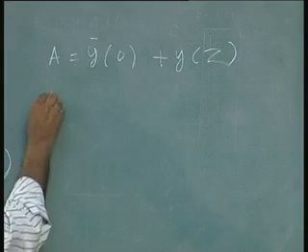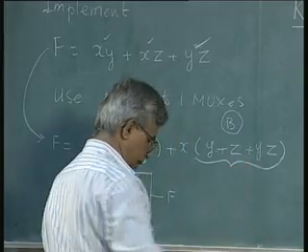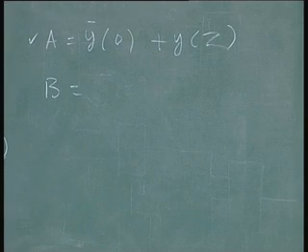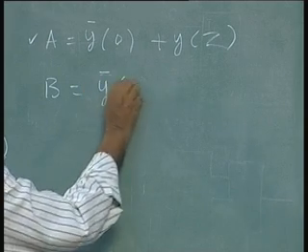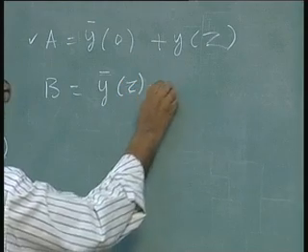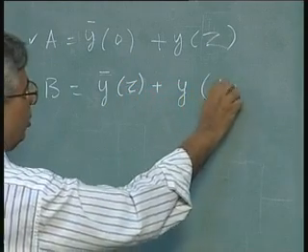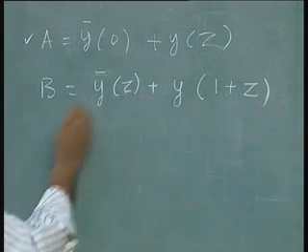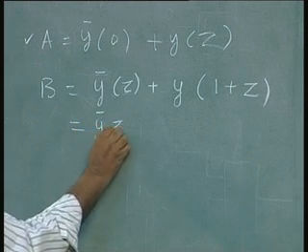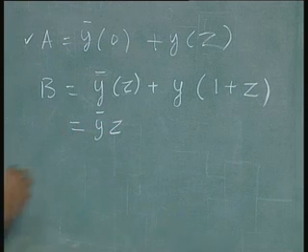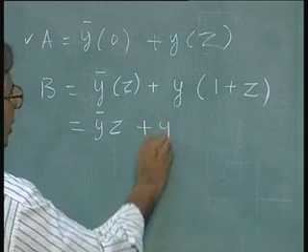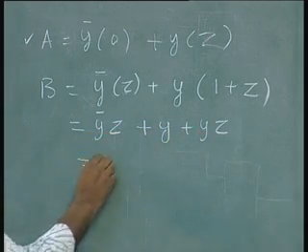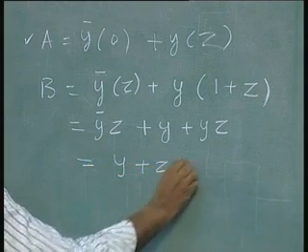Then I am going to write b, which is y or z or yz, as y bar z or y into 1 plus z. Now, this can be expanded to y bar z plus y plus yz, and you know that y bar z plus y is the same as y or z, plus yz.